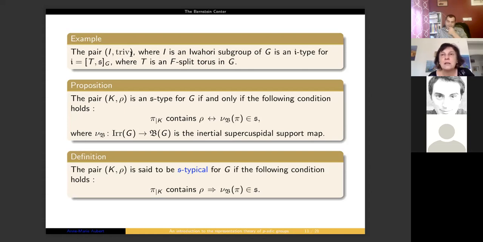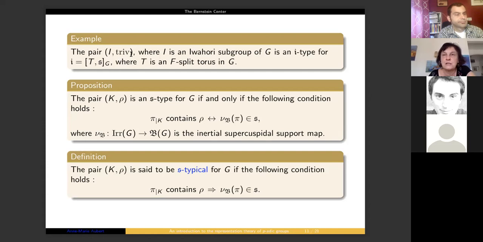By an Iwahori subgroup, for instance, if you take GL_n over F, you can consider GL_n over the ring of integers O_F, and there is a natural reduction map from GL_n(O_F) to GL_n over k_F, where k_F is the residue field of F. So what you get is GL_n over k_F, a finite group of Lie type, and you can consider a Borel subgroup in it.